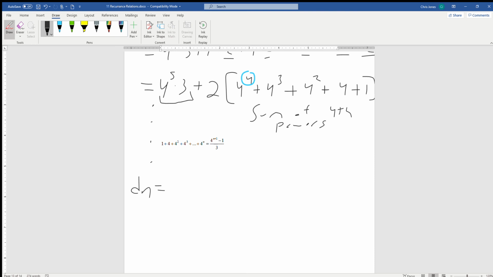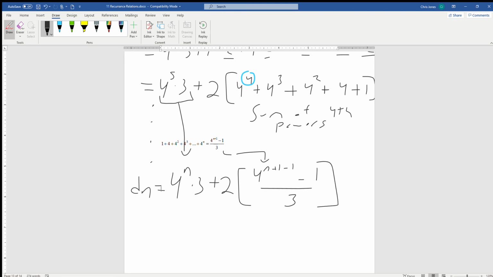So d sub n is going to be equal to 4 to the n times 3, and that's just this term right here, that's easy, plus 2 times the closed form but 1 less than n. So that's going to be 4 to the n plus 1 minus 1, divided by 3. And it's 1 less because we notice that this exponent is 1 less than whatever the index is.